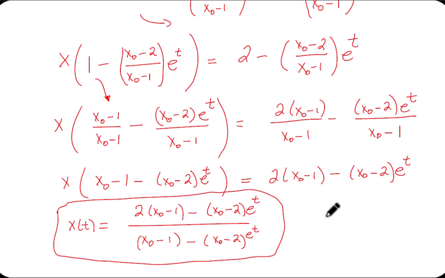All right, so on this previous step here, I multiplied through by x0 minus 1 to cancel all these denominators, and then divided by that term for the final step.